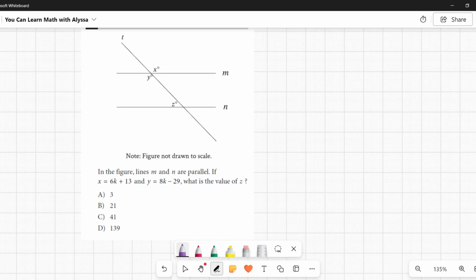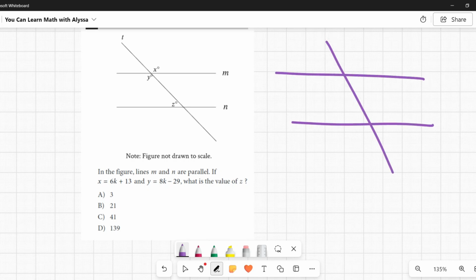So they're parallel, and parallel lines have certain traits if we have a set of parallel lines and a transversal. If you want to know the reasons why this works, I'll put links down below. I always add extra videos in the description if you want to learn more about these concepts. But just this right here is what you need to know and memorize for the SAT. There are going to be matching sets of angles.